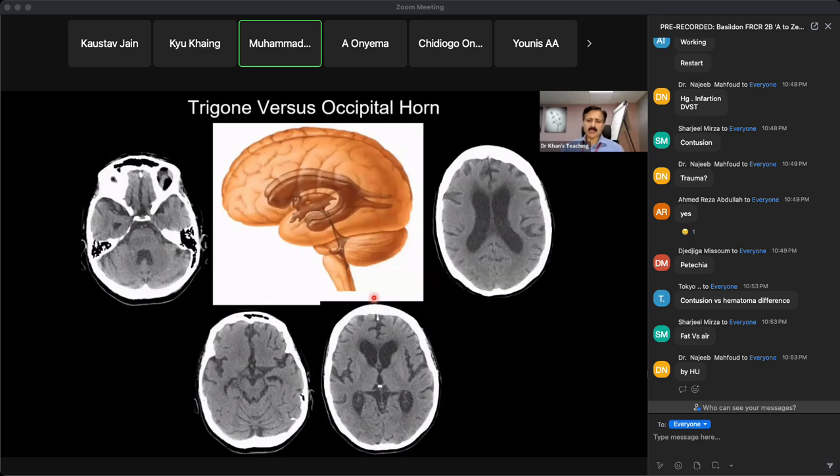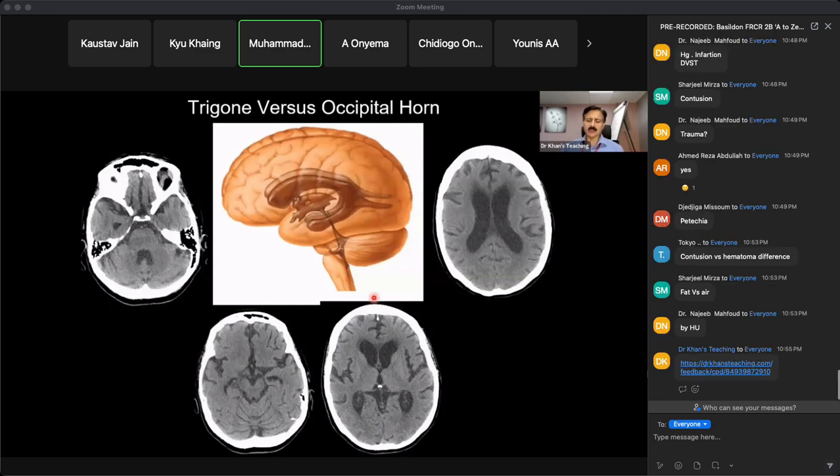Okay, a bit of anatomy, and this anatomy is a recap. All of you who are sitting the exam know this, but just a recap of what points vis-a-vis the exam of anatomy will be very helpful. Now, this is the lateral ventricle.